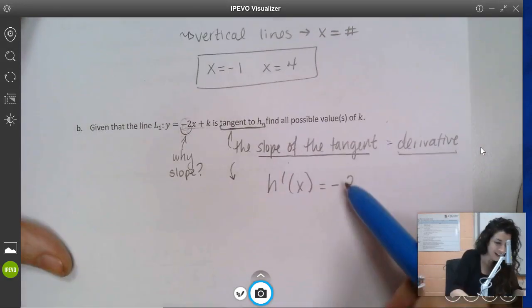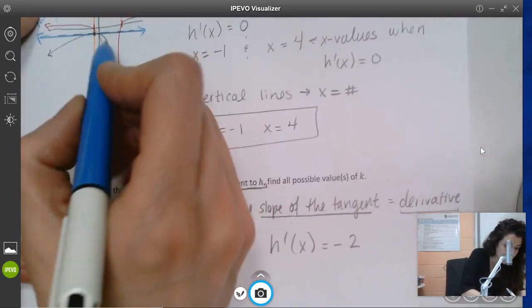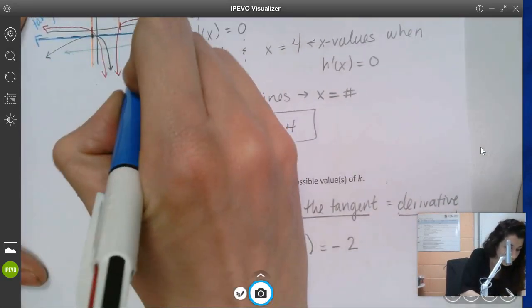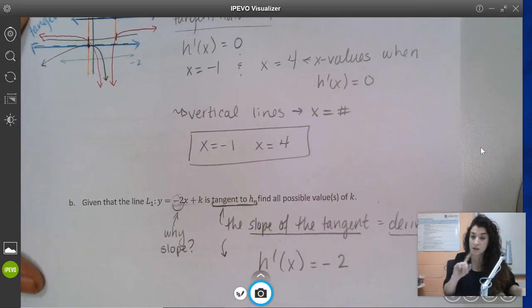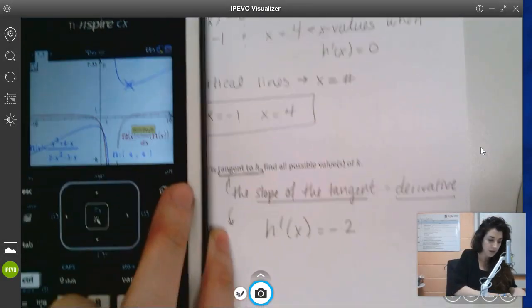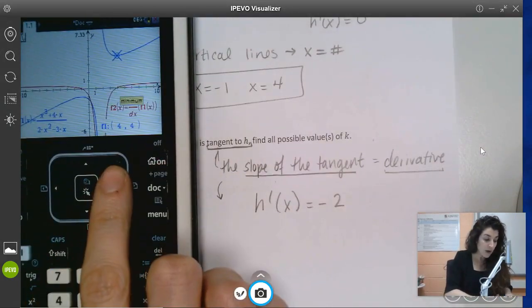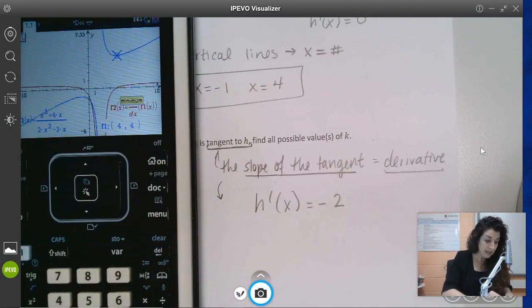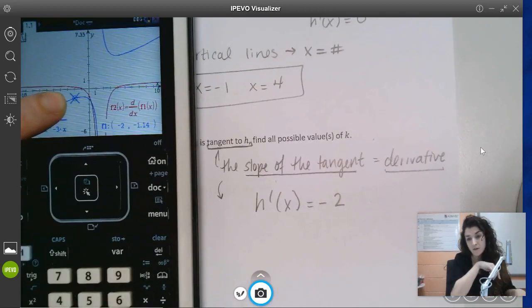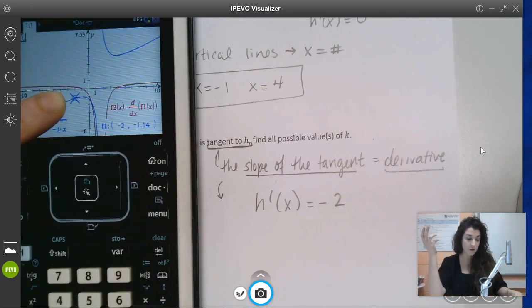Plotting on our graph, -2 would be somewhere down here, right? So we need to figure out where it is equal to -2. Remember that when we are tracing, we can type in -2, but it brings us to an x value of -2 and not a y value of -2.